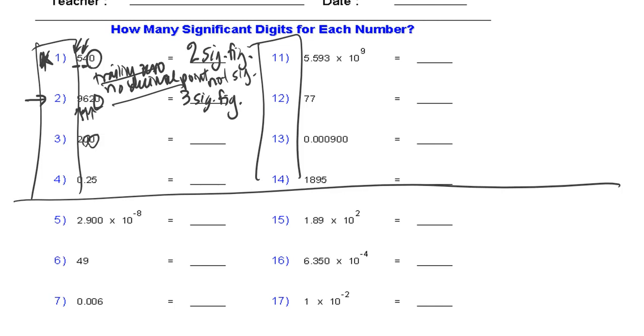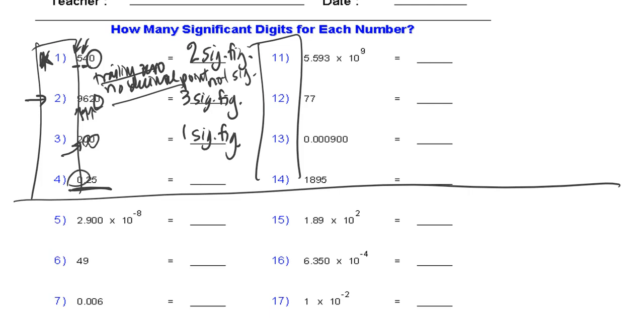Similarly, the zeros at the end of 200 without a decimal point are also trailing zeros with no decimal point. And so the only significant figure in the number 200 without a decimal point is the 2. And so that means I have 1 significant figure there.